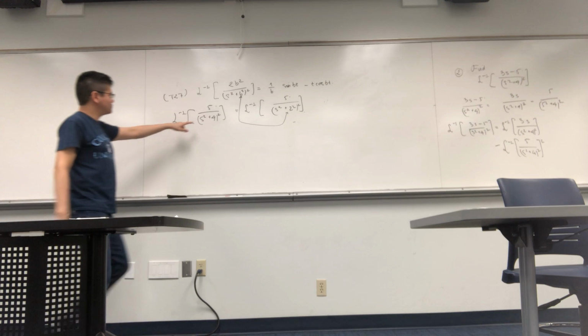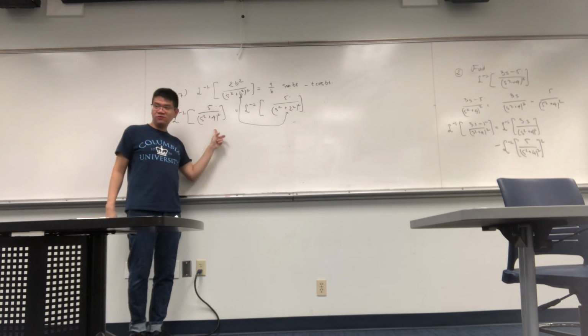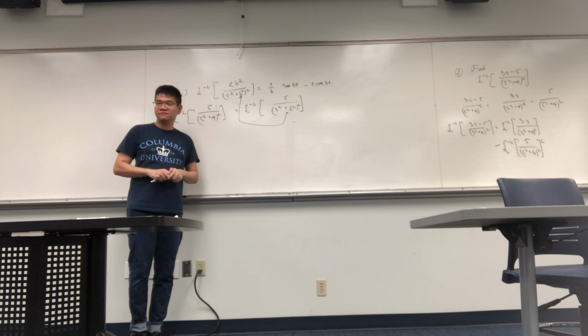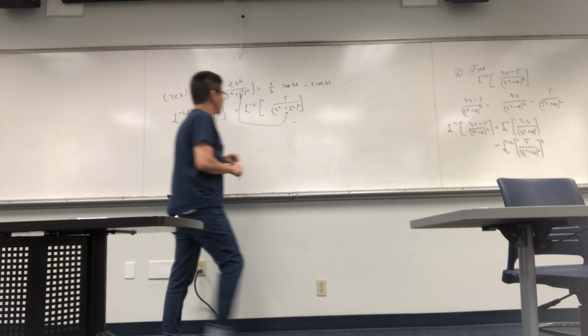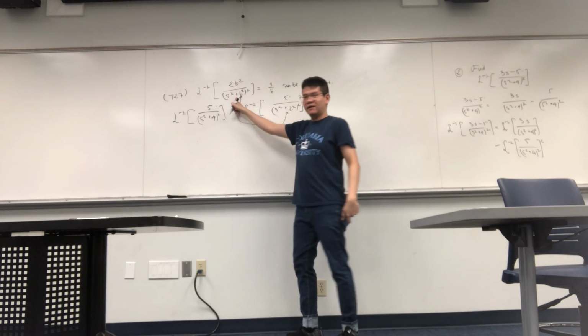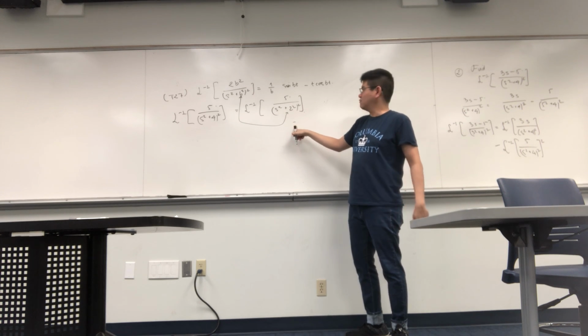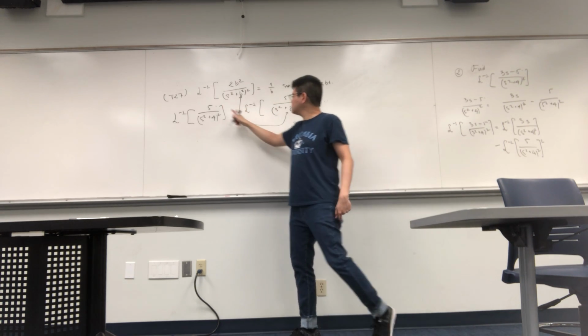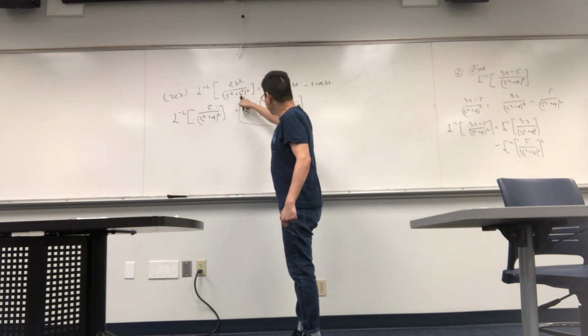So now I look at the second term, right? The second term has s squared plus 2 squared, multiplied by 5. Now you see that here you have b squared and here you have 4. 4 is 2 squared, right? So I want this formula to be similar to the formula from the table, which means that b has to be 2.